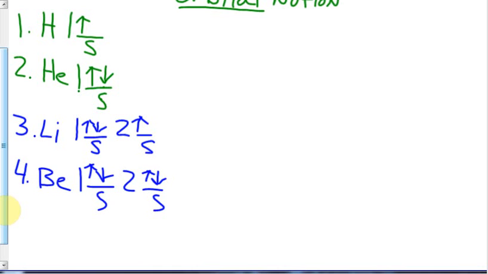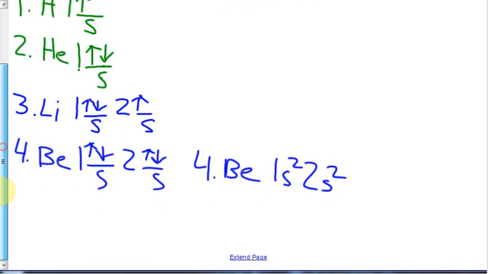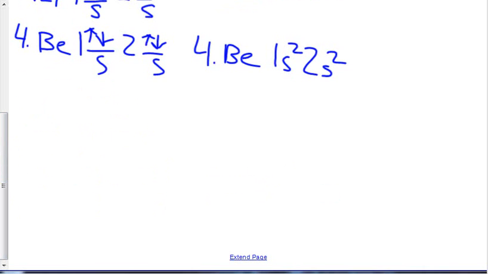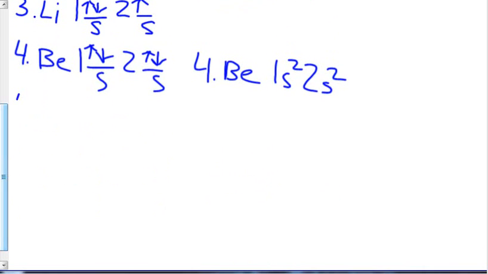Electron configuration, I will write down as an aside. I'm going to write it similar. The difference between them is instead of showing the orbitals as the lines, you just write down how many electrons are in each shell. So that would be 1s2, 2s2. All right, we're going to move on now to atomic number 5, boron.